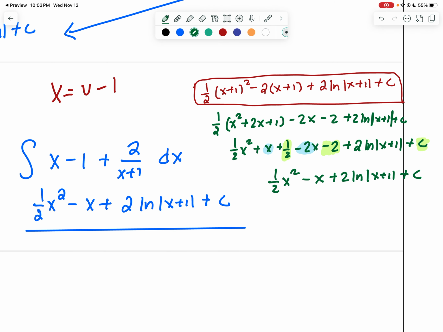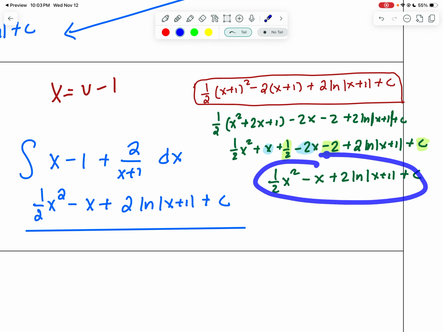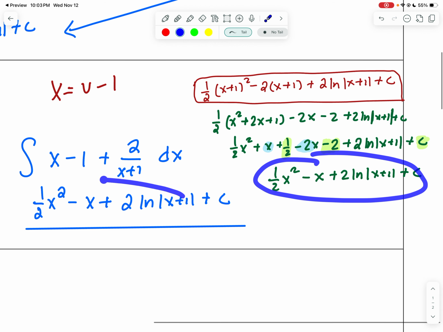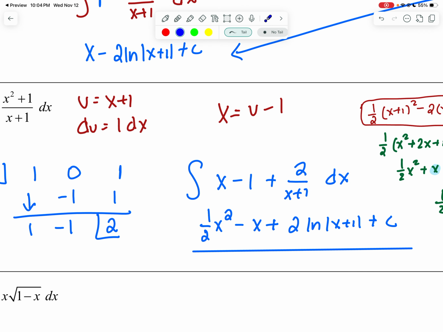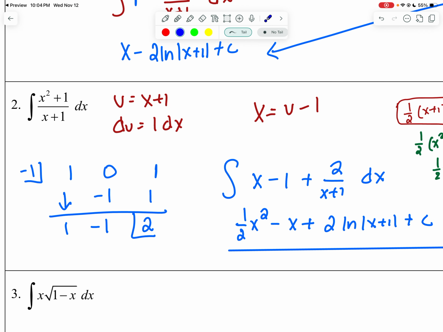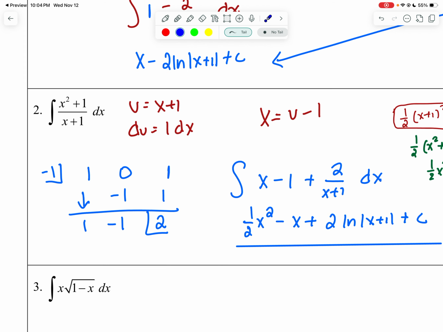Very interesting how this thing that we did with U sub is a correct answer, but notice how this here is the same thing as this, and we only did like 2-3 steps. So anytime you have a fraction, and if you could simplify it, simplify it.